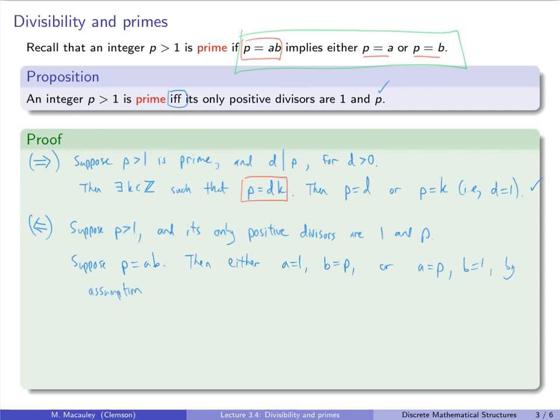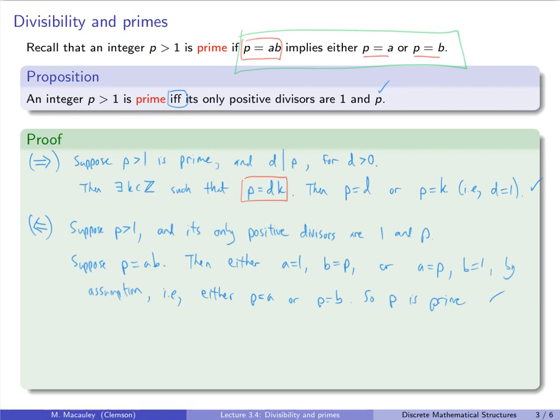In either case, we conclude that, well, look what we just wrote down. Either p equals a or p equals b. So p is prime. And that completes the proof.